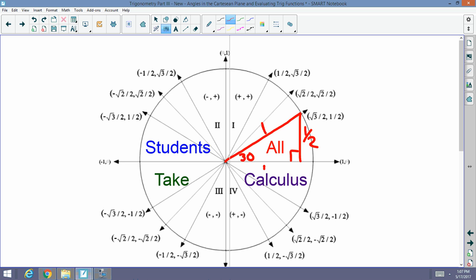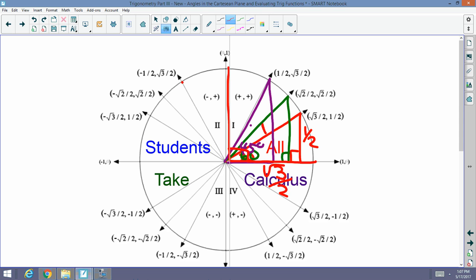And this is my square root of 3 over 2. Then guess what? This guy here, that's my 60. Then this guy here, that's my 45. Etc., etc. And I screwed those up. The green should have been 45 and the purple should have been 60. If I go here, this is my 90.